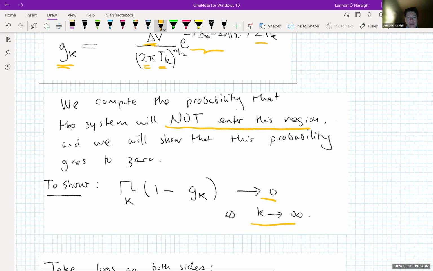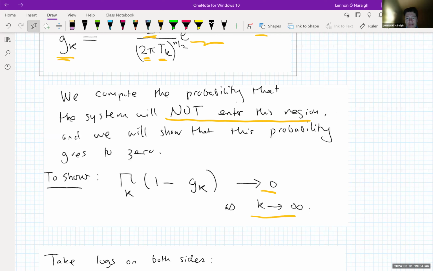So if the probability that the system is not in the region goes to 0, then the probability that the system gets into the region is 1.